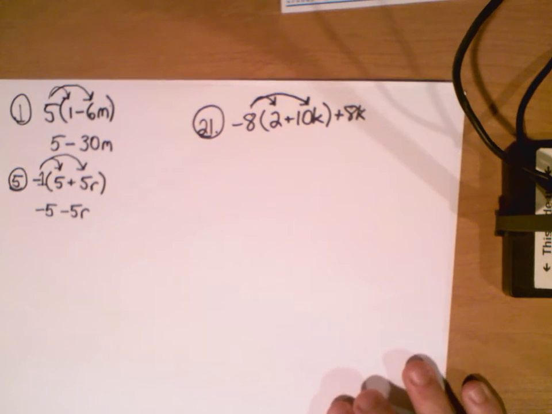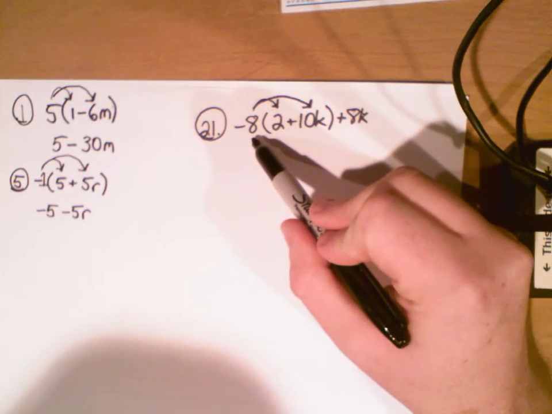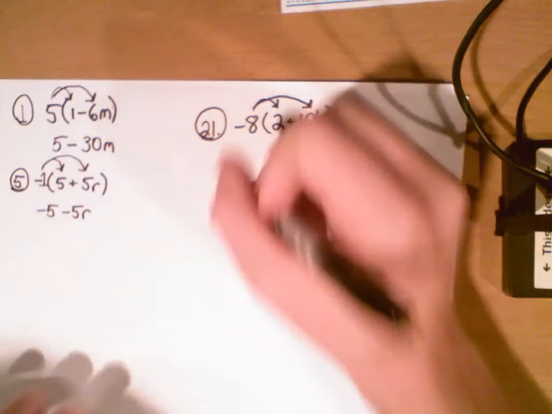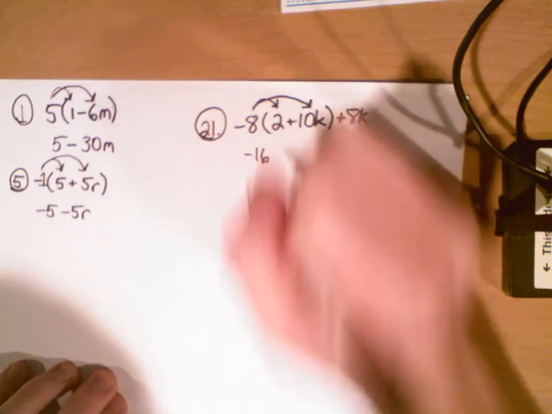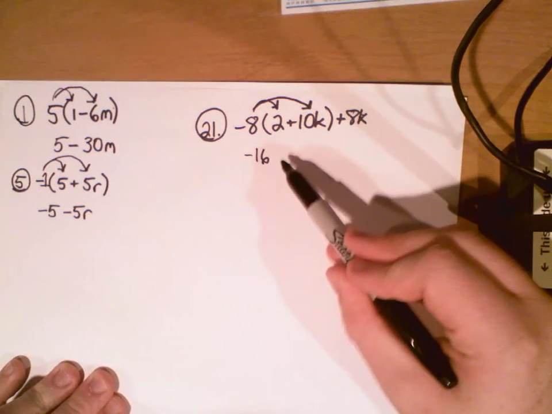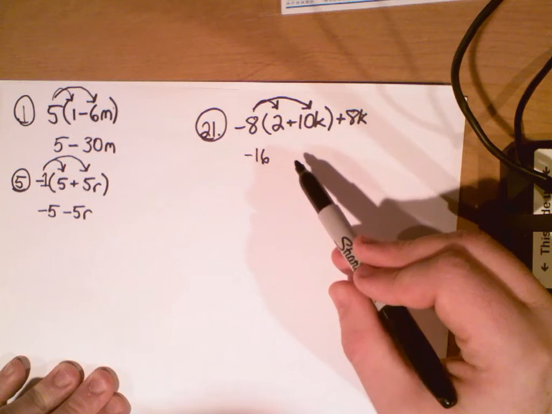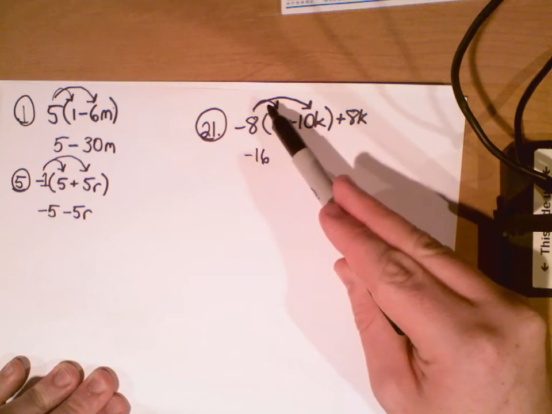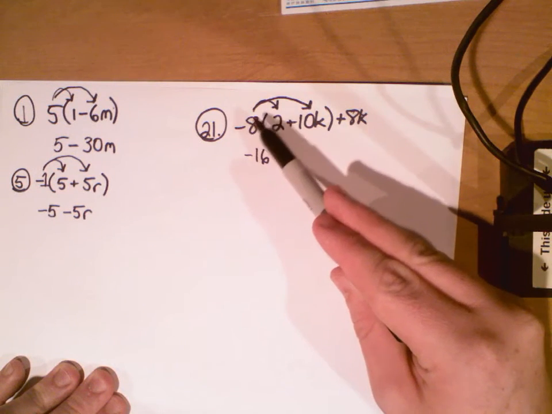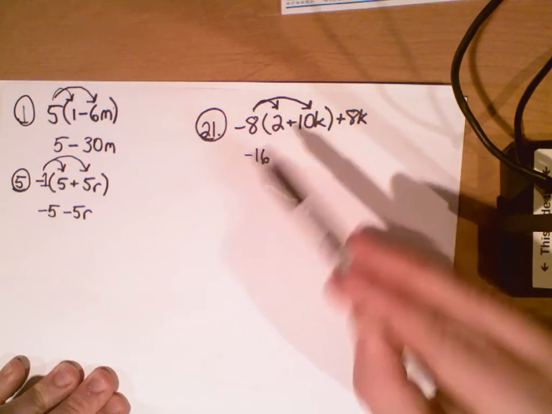Okay, so my arrows are telling me to multiply those numbers. So I'm going to do so. Negative 8 times 2 is a negative 16. Notice how I'm writing them right underneath where I did that problem, and more importantly, keeping it nice and neat. My next arrow, because I already did this one, I follow it all the way over from negative 8 times 10k.